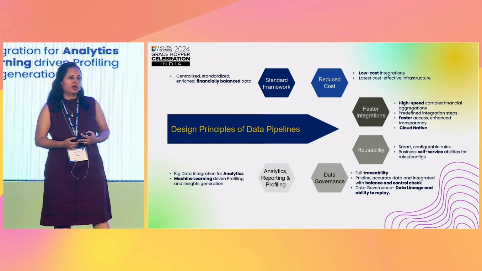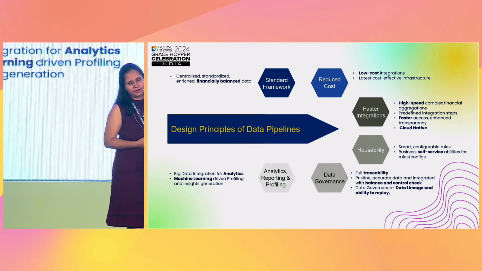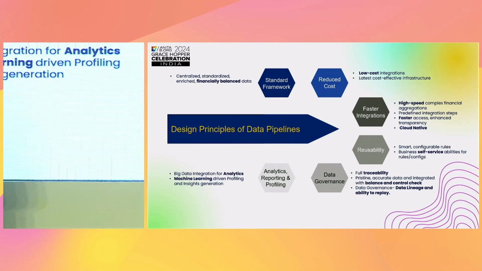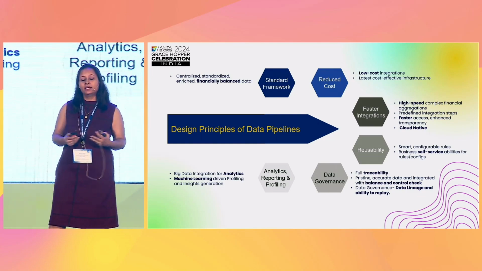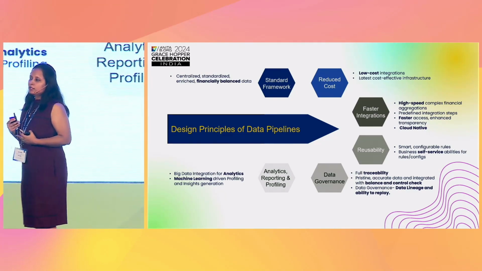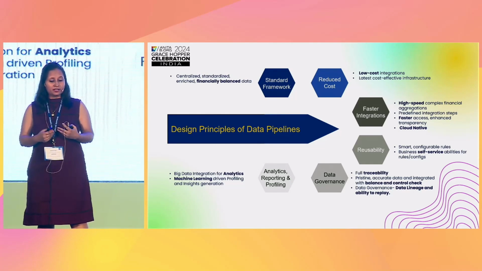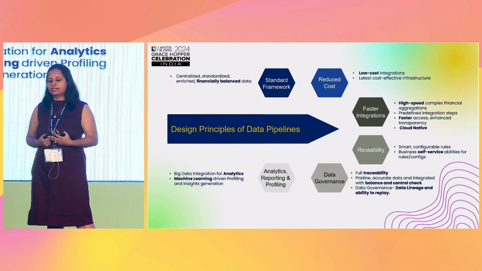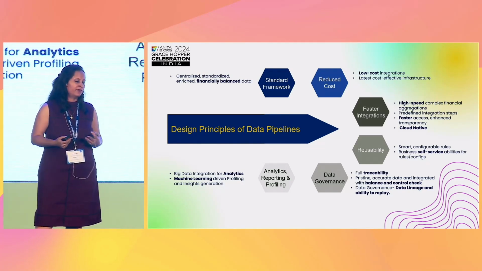Next, I would like to talk about some of the design principles which can make your data pipeline a more robust one and cost effective also. So the first design principle I would like to talk about is the one framework, or the standard framework.